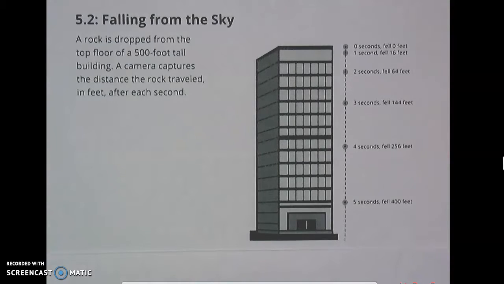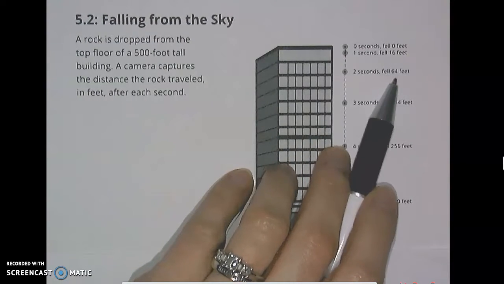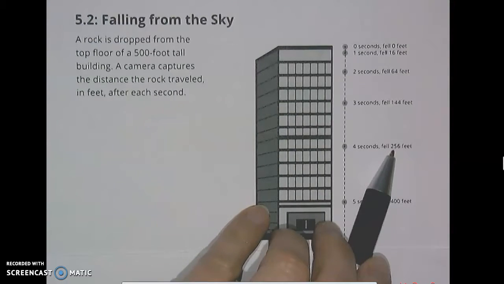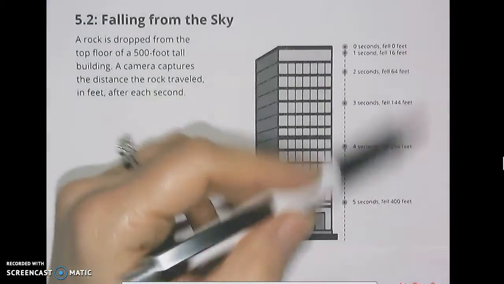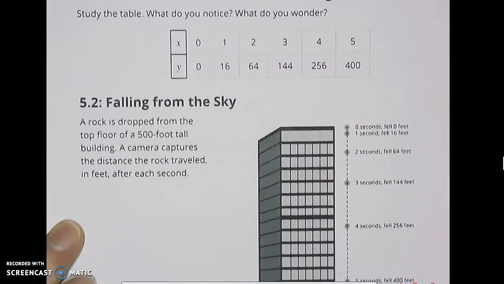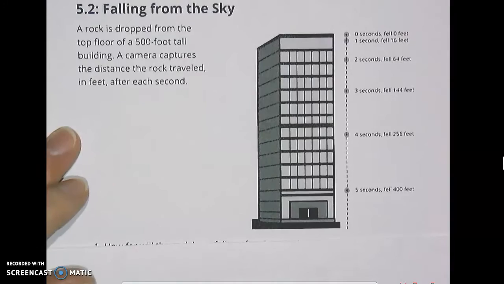After 1 second, it fell 16 feet. 2 seconds, it fell 64 feet. 3 seconds, 144 feet. 4 seconds, 256 feet. And 5 seconds, 400 feet. So where does this data look familiar from? Aha, that table that we were just looking at. So this is representing this situation here.